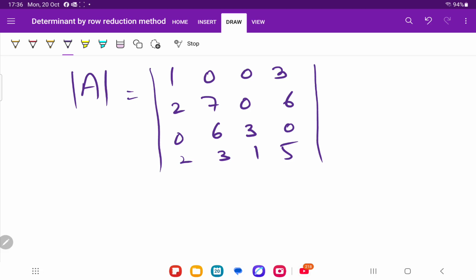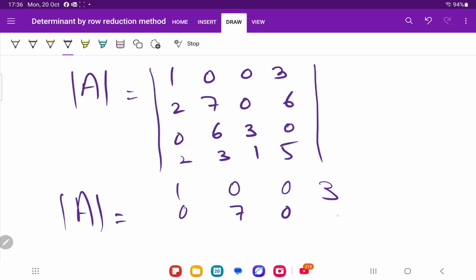I'm turning the recording on again. So the leading element is 1. What you need to do is make all the non-zero elements below 1 zeros. So the opposite sign of 2 is minus 2. Minus 2 plus 2, answer is 0. Minus 2 multiplied by 0, answer is 0. 7 will remain 7. 0 will remain 0.